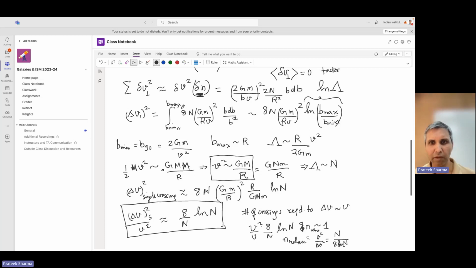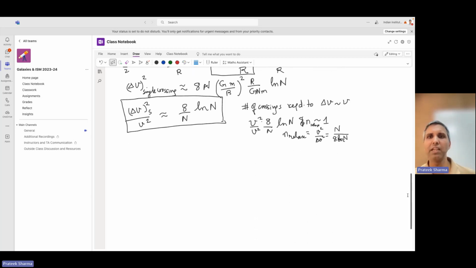Right, I think it's divided by v squared, which I had missed. Okay, so basically the number of crossings required goes like n by 8 log n. So everything else can actually be ignored. It's just proportional to n.